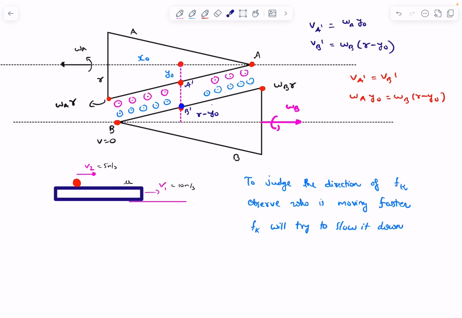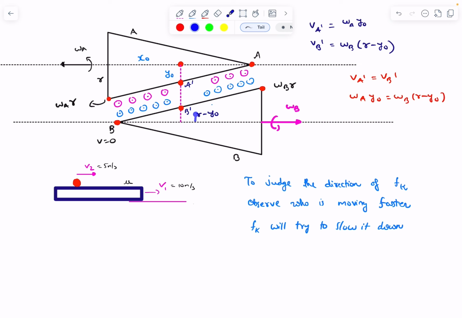Now when they're equal, there won't be any friction acting at this point, right? Because there is no relative motion. So at this point a dash and b dash, their velocities are equal. If we move towards the right of a dash, then the velocity of a will decrease, right? Because it's now closer to the axis. So if we consider all the points to the right of a dash and b dash, the velocity of b dominates the velocity of a.